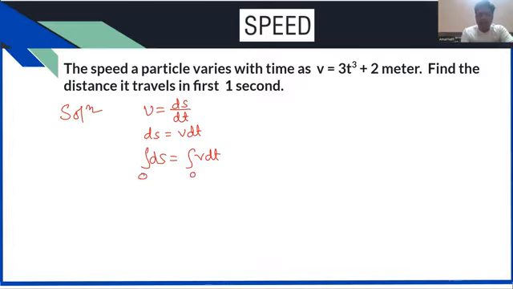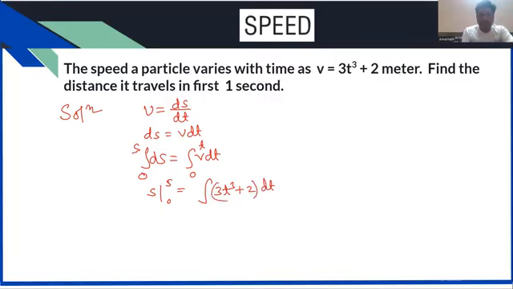When the time was t, the distance is s, okay? We can say that the integration of ds is s only. So we can put lower limit, upper limit. Okay, this is the rule. And this is v. V is nothing but 3t cube plus 2 into dt.